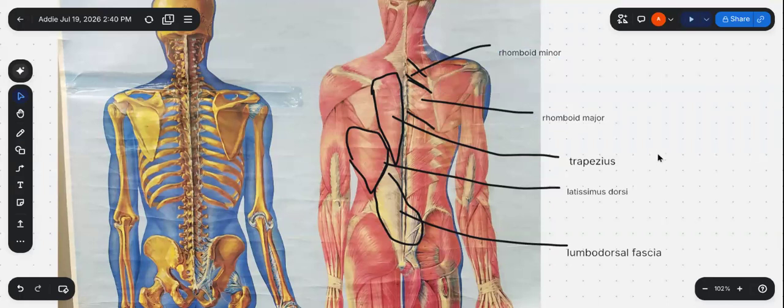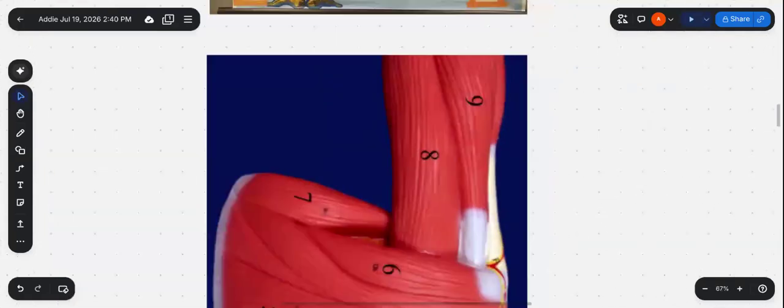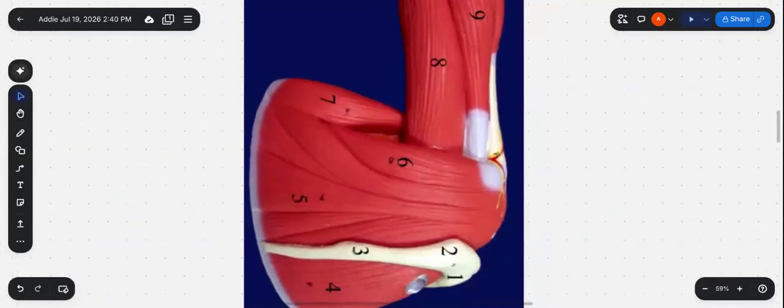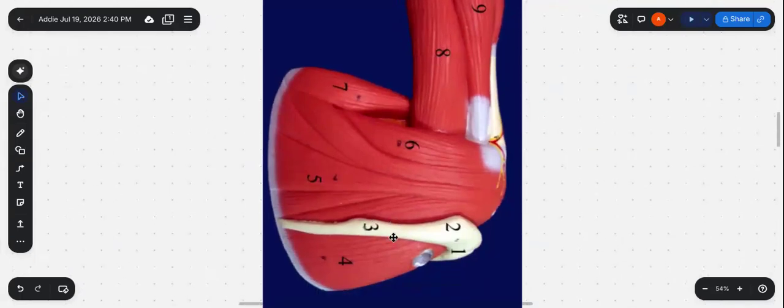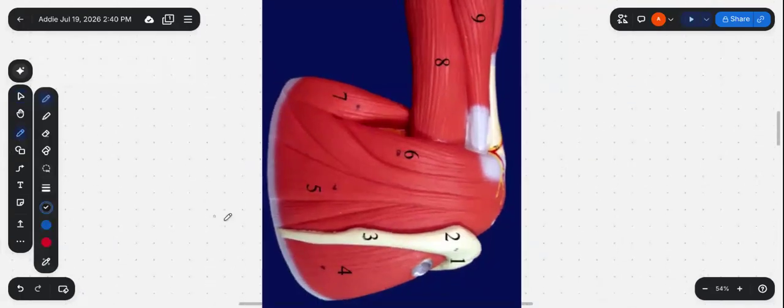All right, now we're gonna take a look at the arm and the scapula muscles, but we're gonna do that on a more close-up model. So over here, you can see your infraspinatus muscle first. The infraspinatus muscle is going to be this one over here, kind of like number 5.